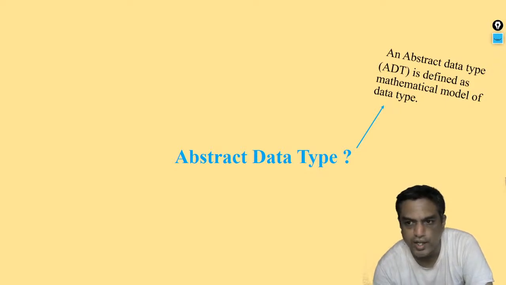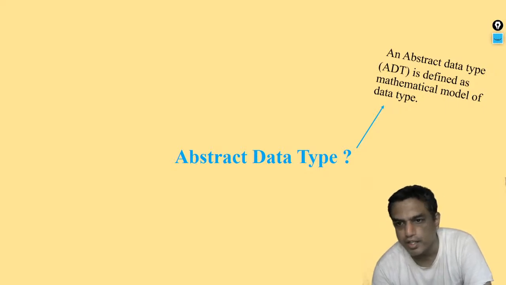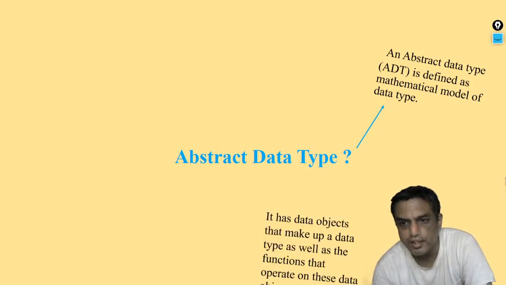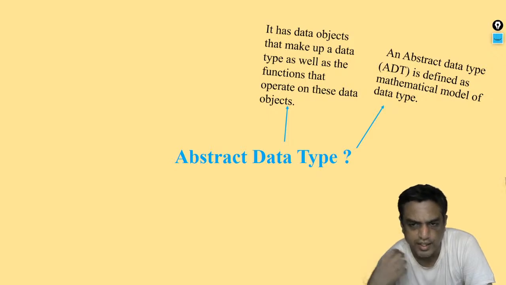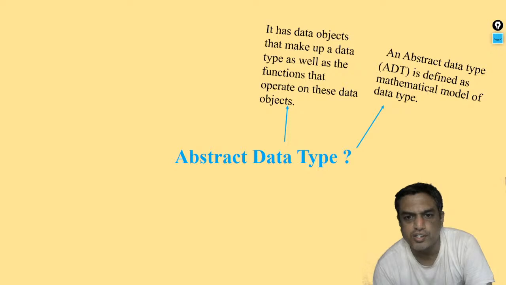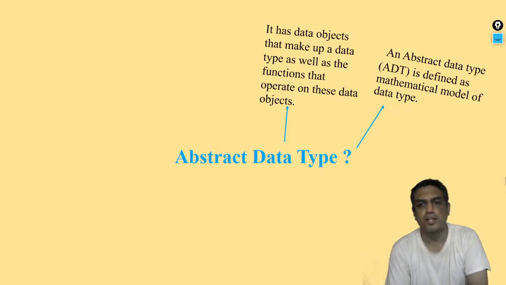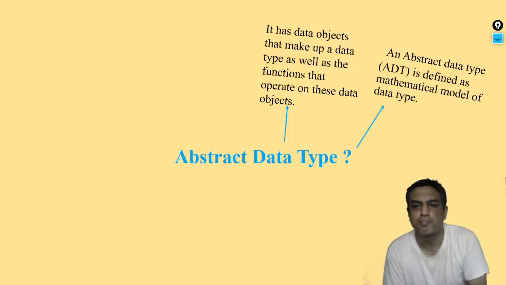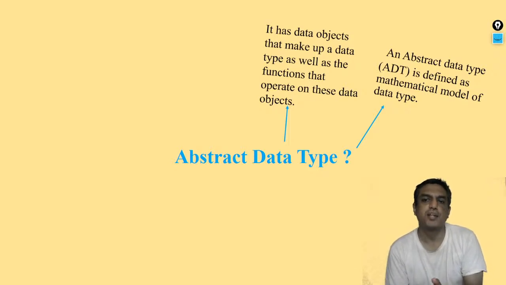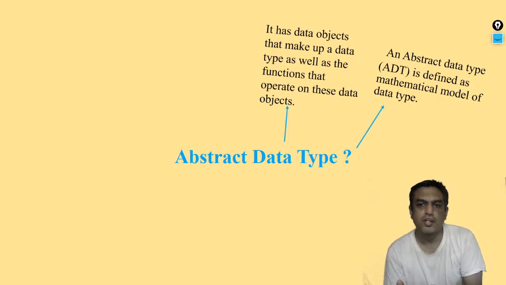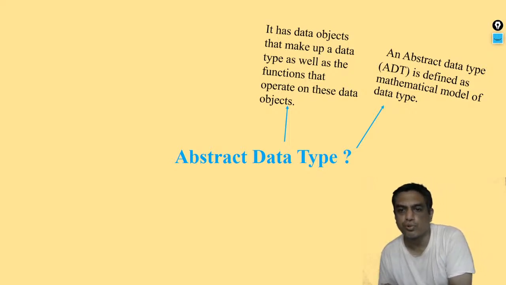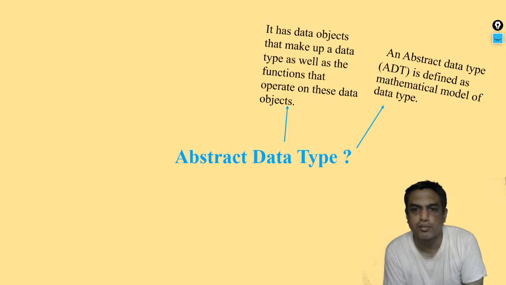Yes sir, we understood that it is a mathematical model of a data type. But sir, what does it have? It has data items or data objects, and the functions which can be operated on these data objects. Once you are able to write this using pen and paper, you have created a new data type in which this particular thing is going to be stored.